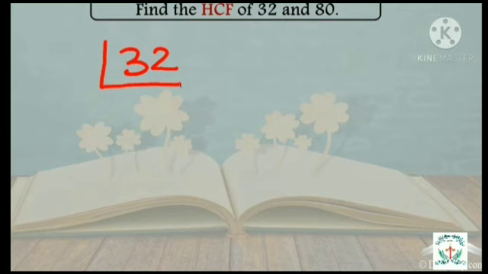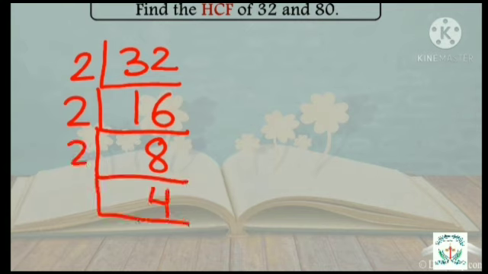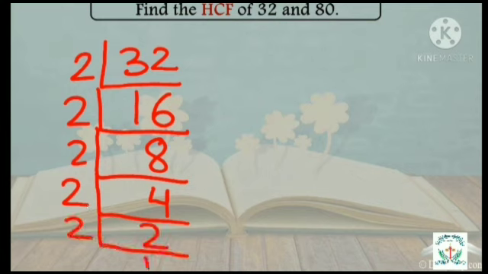Let us start with 32. 32 divided by 2 is 16. 16 divided by 2 is 8. 8 divided by 2 is 4. 4 divided by 2 is 2. And 2 divided by 2 is 1.